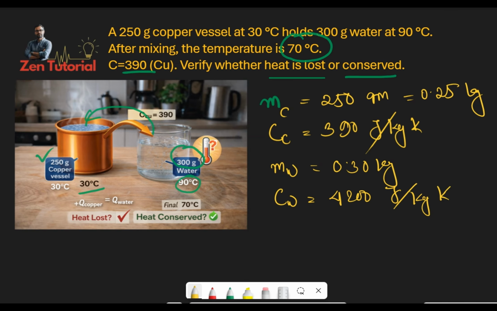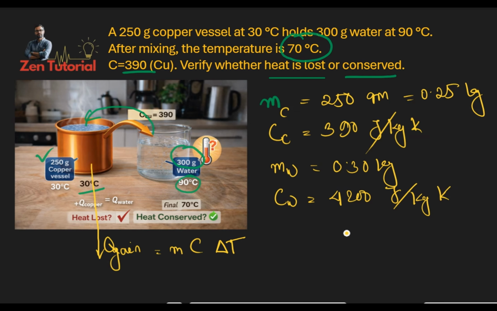So here what is happening, the copper container actually gained heat, right? So heat gained is equal to mcΔT.